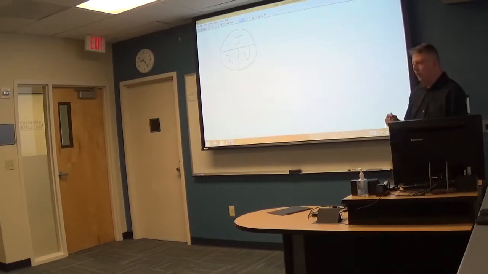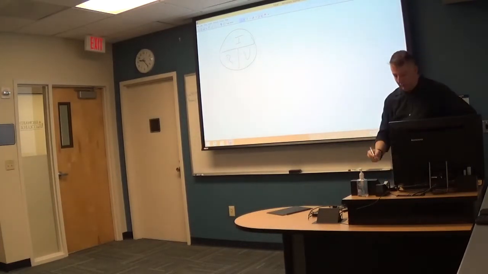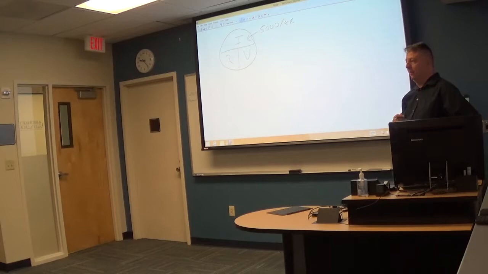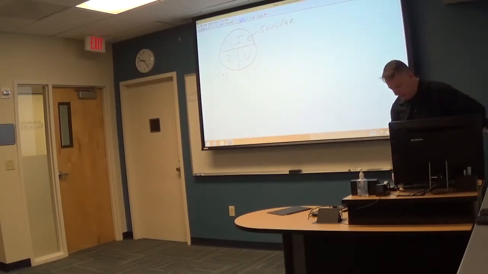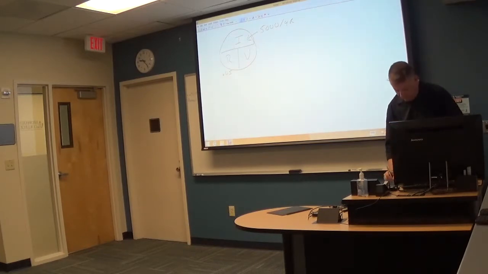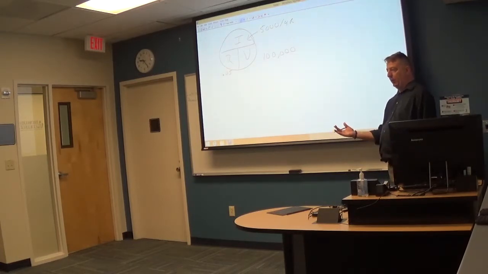If, by virtue of doing improvements to the property, you're able to generate an extra $5,000 a year of additional income off of that property, and your cost of borrowing, cost of capital, is 5%, then technically you could spend an extra $100,000 up front in order to achieve that.